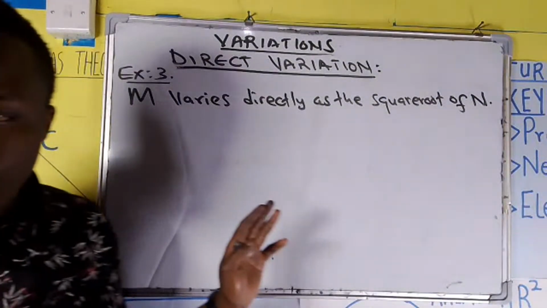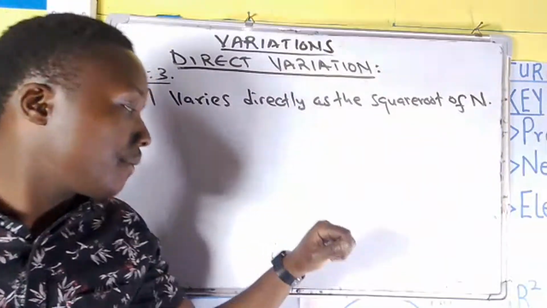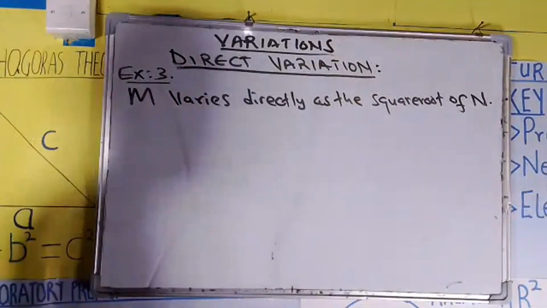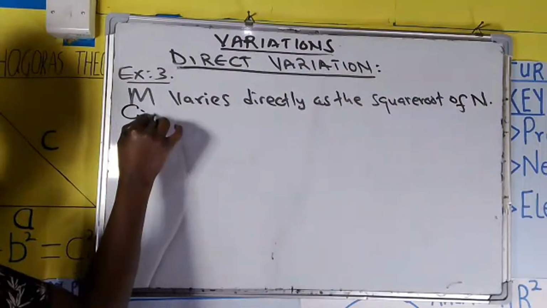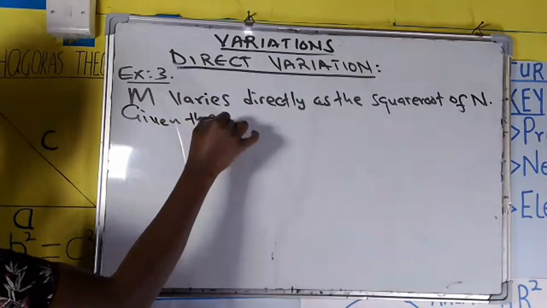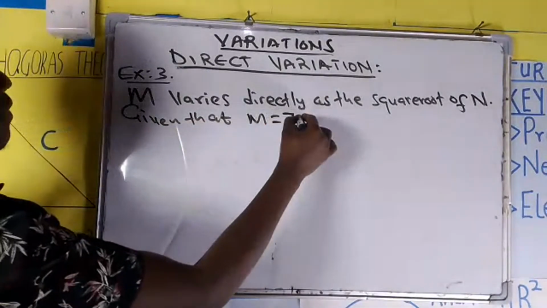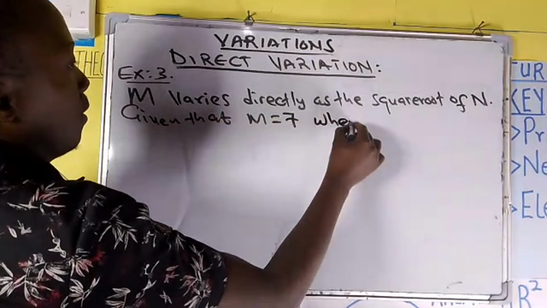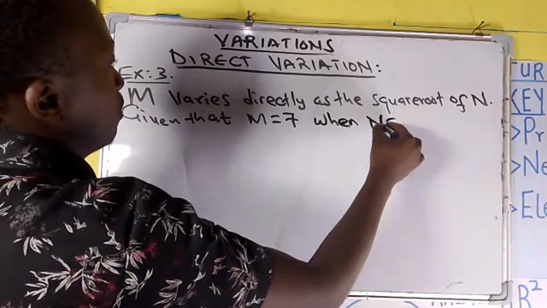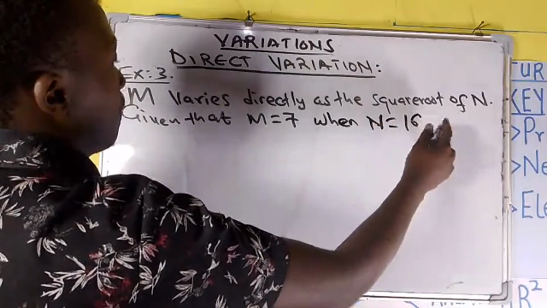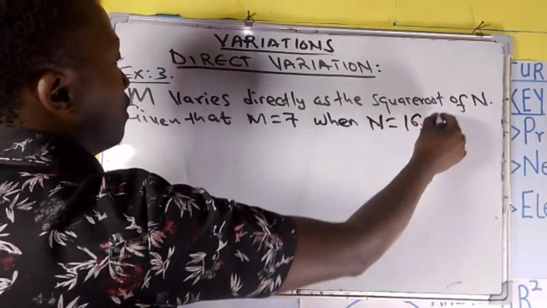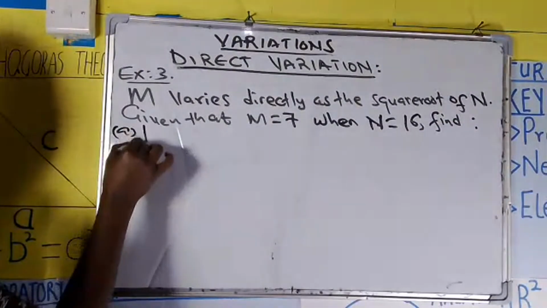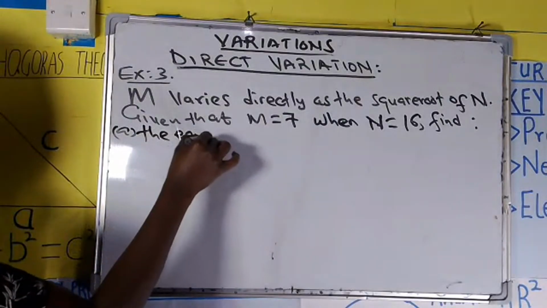Let us do this last one, so that someone who has not understood those two will now understand this. M varies directly as the square root of n. Given that m is equal to 7 when n is equal to 16, find: the equation connecting m and n.